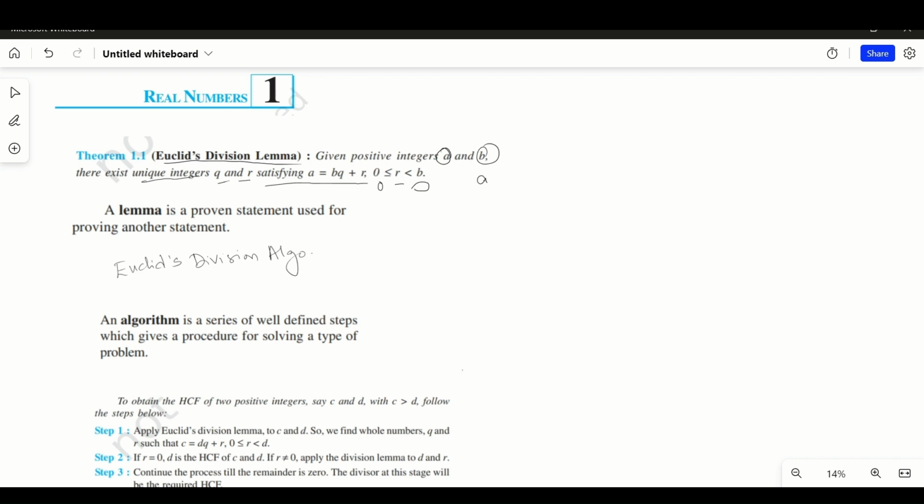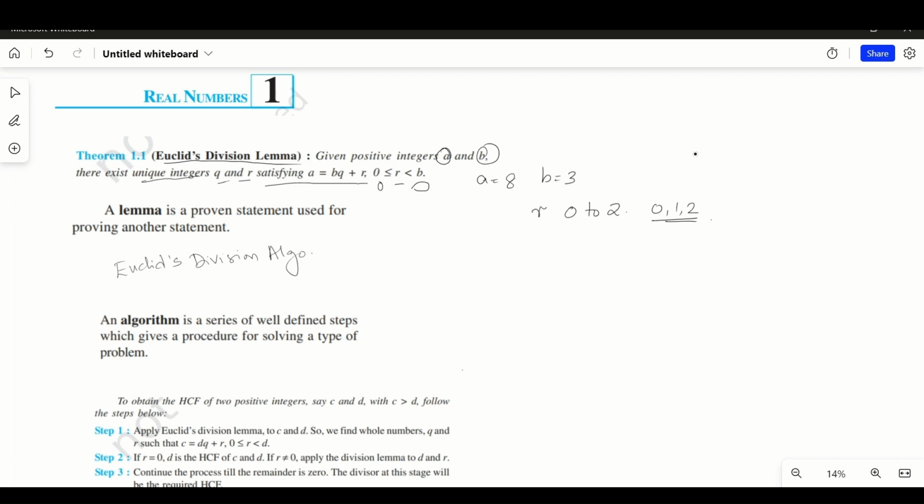For example, if a is equal to 8 and b is equal to 3, then r's value should lie between 0 and less than 3, that is 0, 1 and 2. So this is what Euclid's division lemma states.